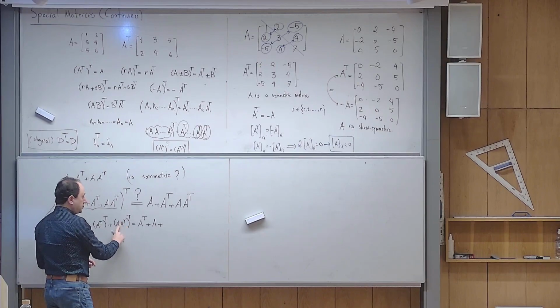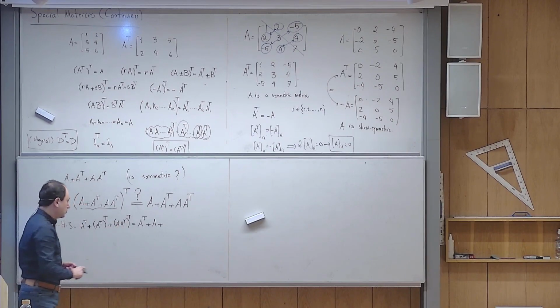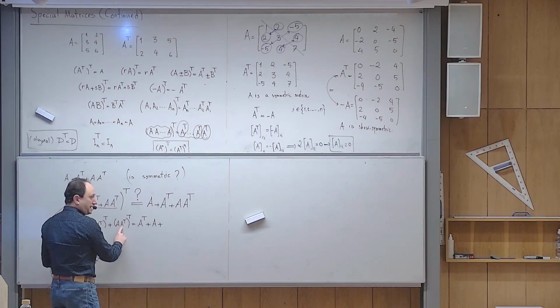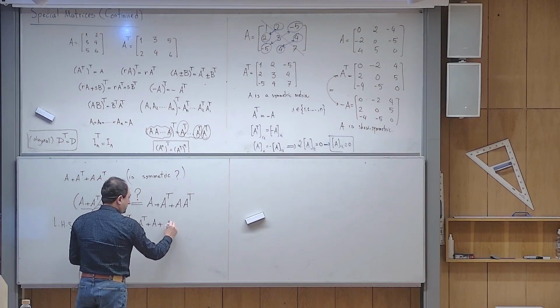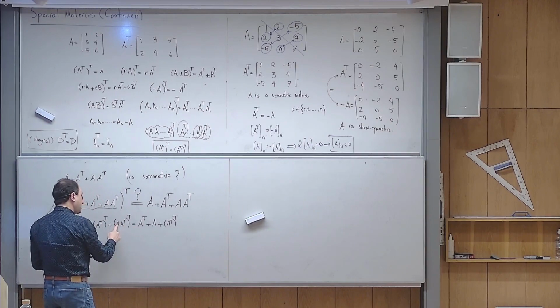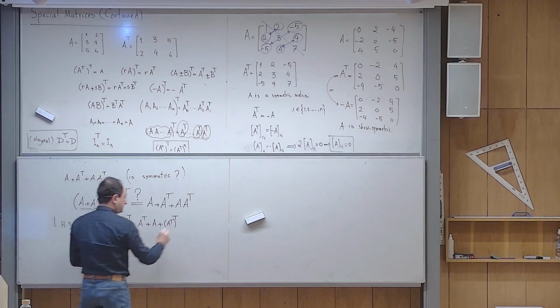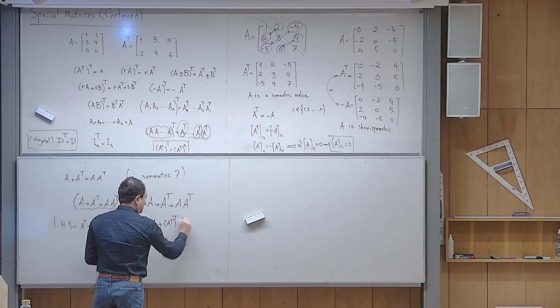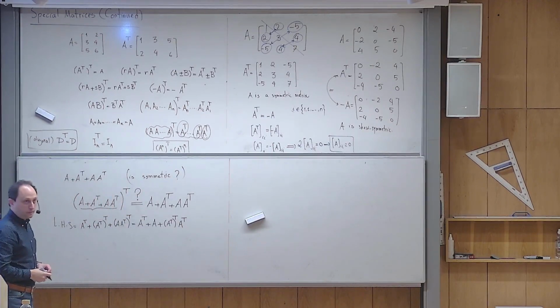I want to transpose a product. Can I do that? Yes. I can do it individually, but I have to change the order. So I will start from the last one, which is A transpose, transpose it, and then multiply it by the transpose of the first one.